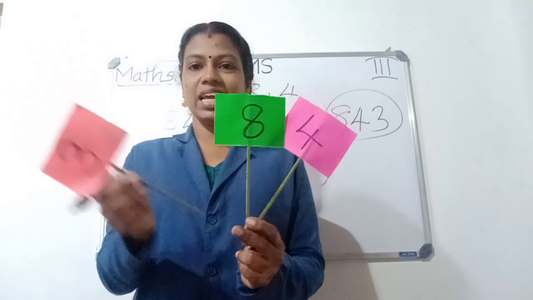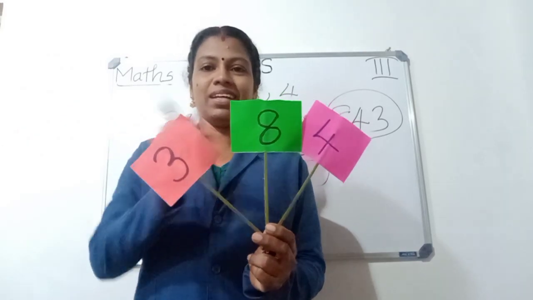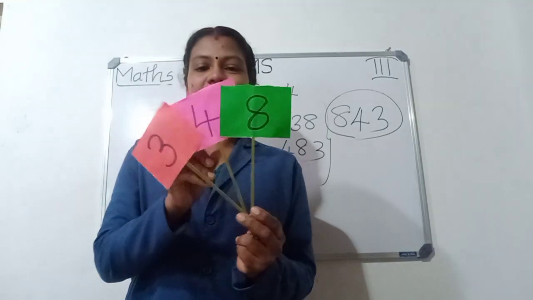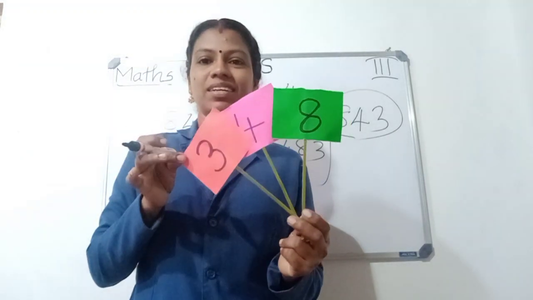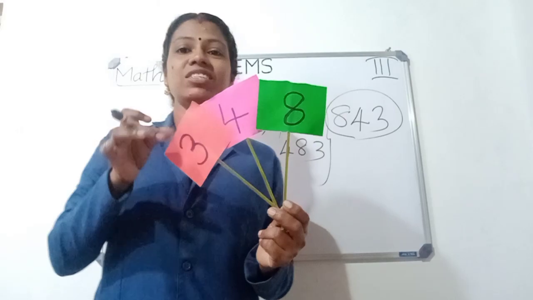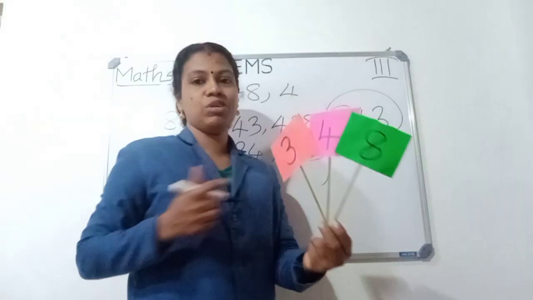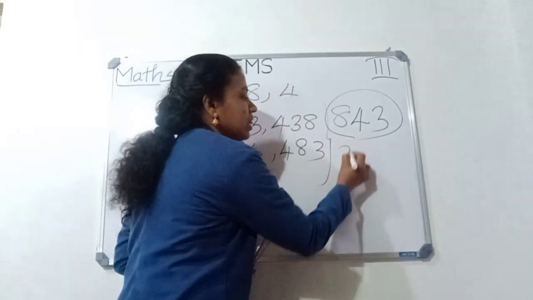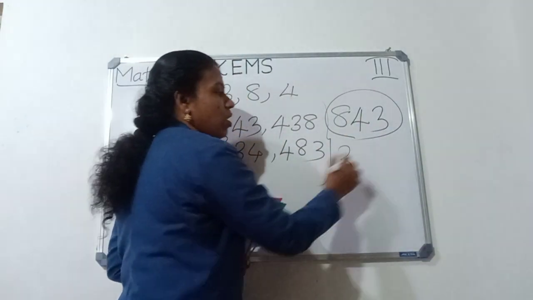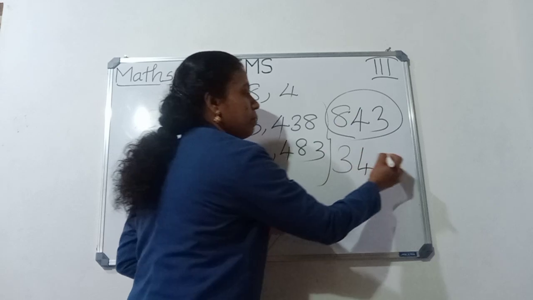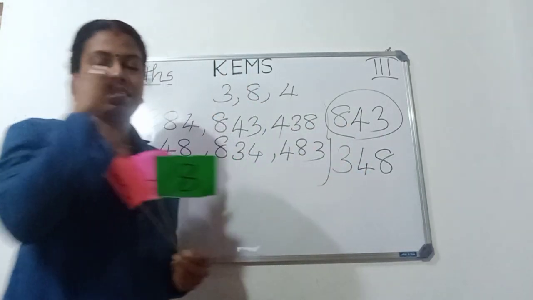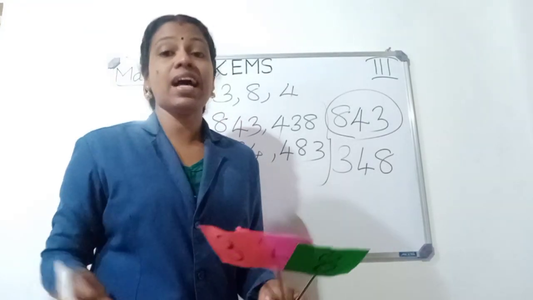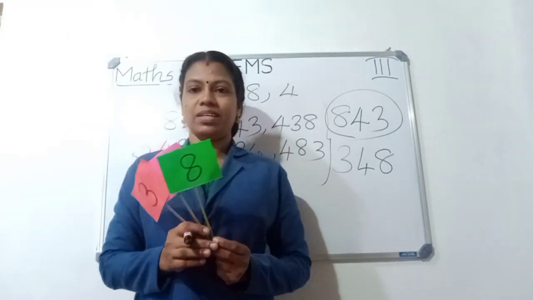So first 3 comes, the smallest number. Then the next smaller number, 4, comes. Then last 8. So what's the number? It is the reverse form of 843: first 3, next 4, next 8. So 348 is the smallest number.